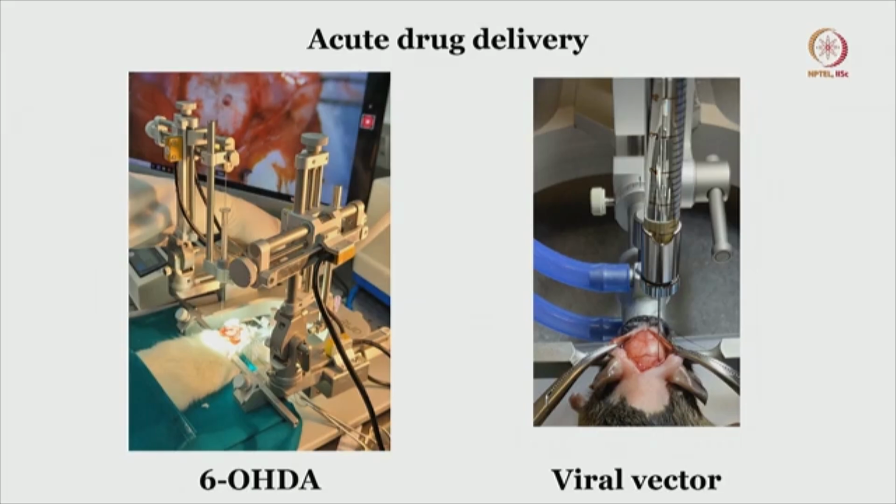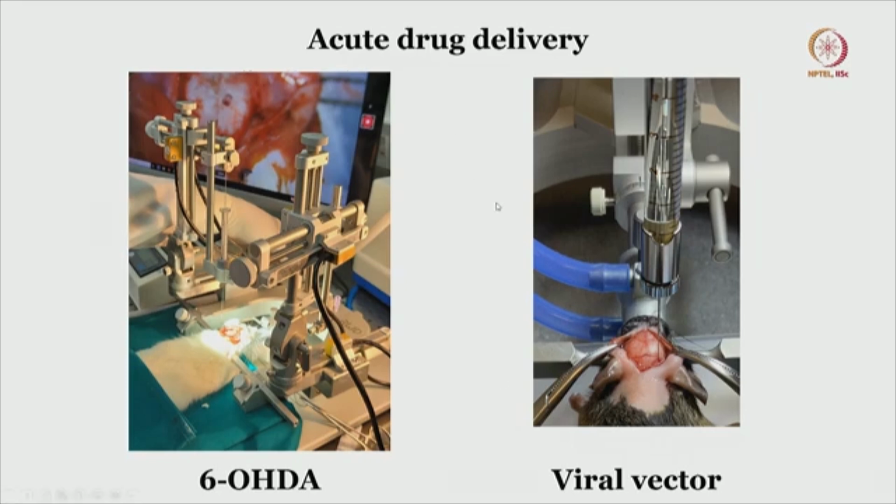But the procedure is the same. All you are doing is to drill a burr hole and take the Hamilton syringe needle tip through the burr hole into the target as per the coordinates.